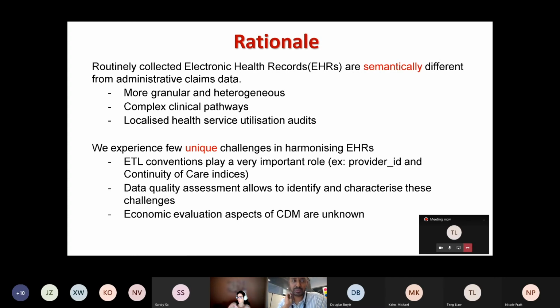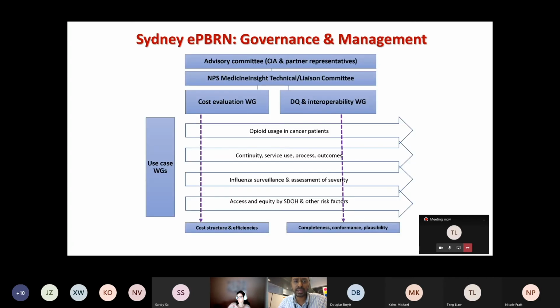But what we observed was we always expected there would be some sort of economic evaluation coming up, so we could use it as a guide, especially when you're scaling up to large data sets, for government bodies and also in academic settings. I think economic evaluation is very important. So we thought we could address all these research gaps using our project. This is at a very high level.